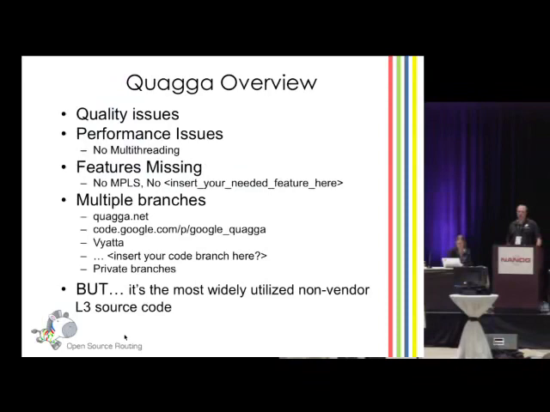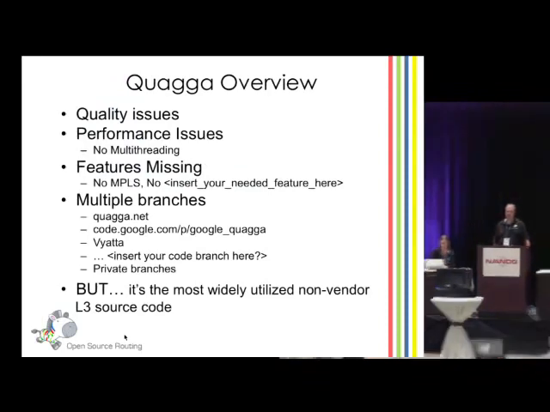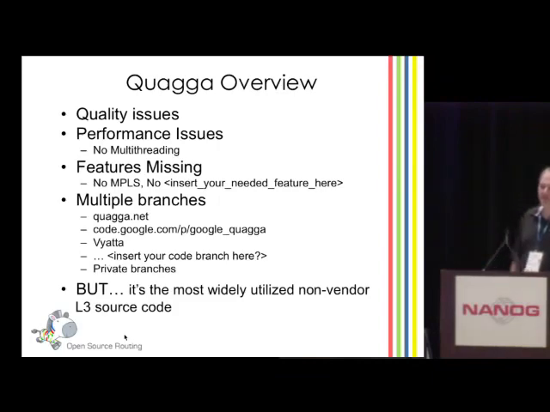So the few of you who use Quagga or try to use Quagga, you probably know about all the issues. There are quality issues in there, there are a lot of problems where it doesn't work reliably enough. You may see crashes. The ones running exchange points or trying to use it as a route server are very familiar with the performance issues, especially on BGP.